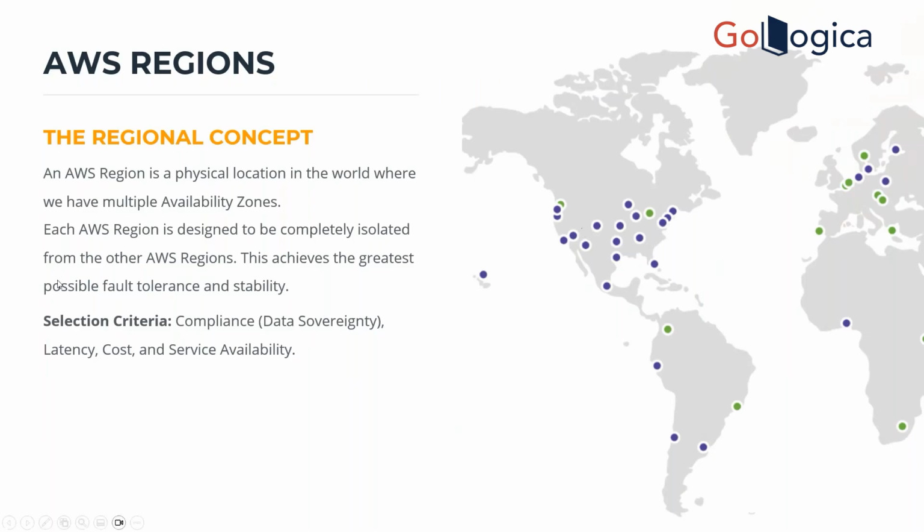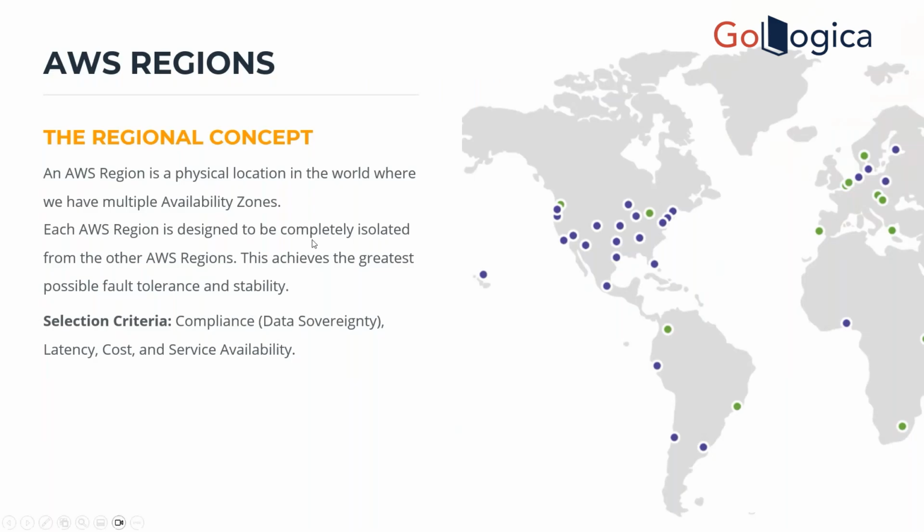And how you select these regions, you have different selection criteria. Here you see compliances and data governance, the rules and restrictions of the governments. When we say compliances, we saw PCI DSS, HIPAA, GDPR. We need to select based on whether the service or the region has all those compliances fulfilled or not.